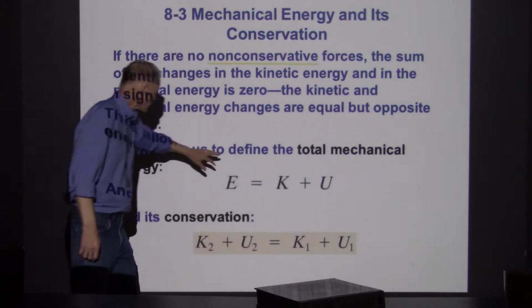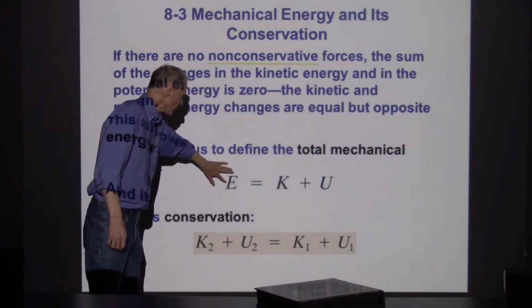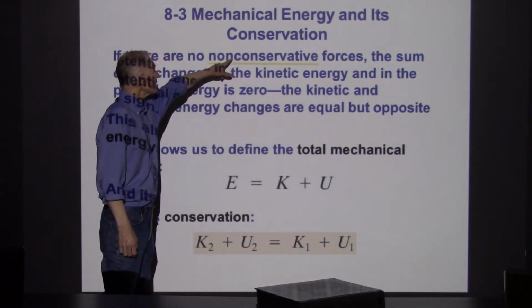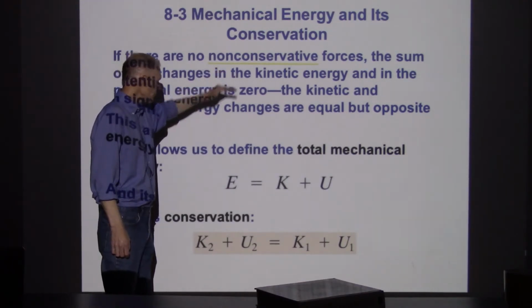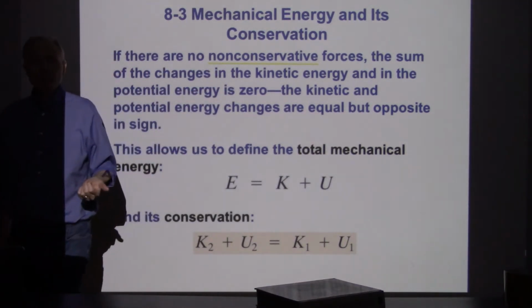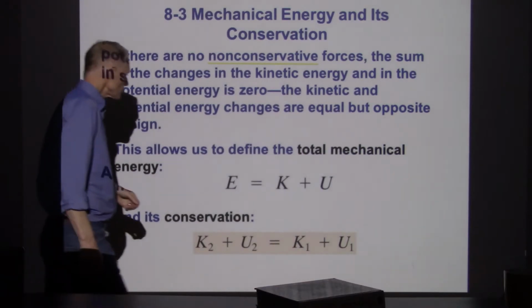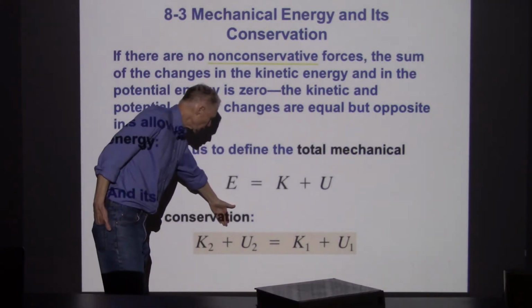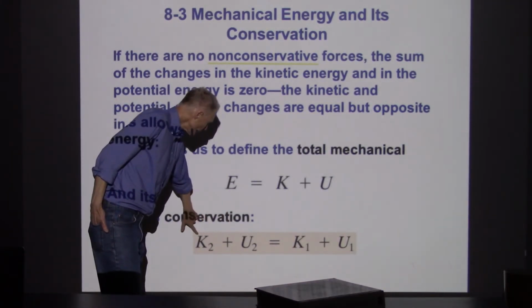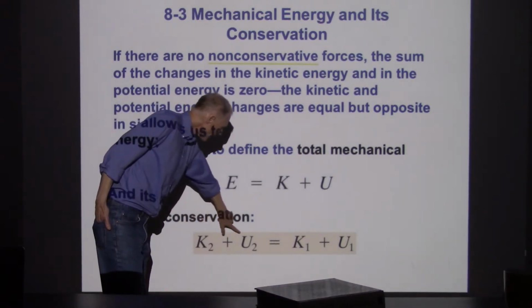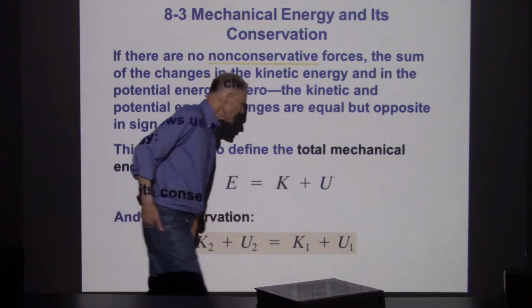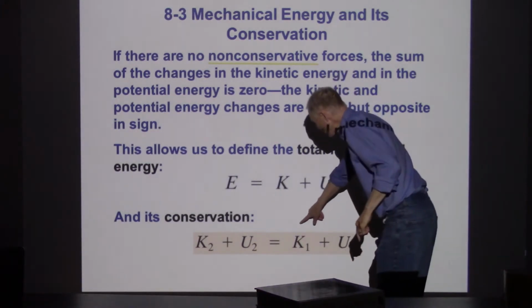Well, if it starts out with a certain amount of energy and none of the mechanical energy is leaving the system, then it must be conserved. So at point 2 along the roller coaster, if we add the kinetic energies and the potential energies, it equals the total amount that we started with.